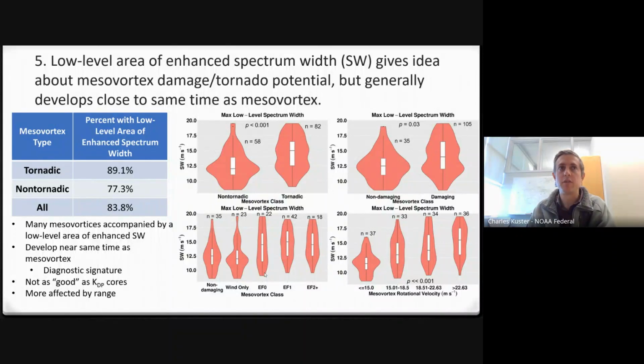And spectrum width was impacted a little bit more by range from the radar than the KDP cores were. It looks like maybe within 70 kilometers, which I think is in the 50 nautical mile range or so, maybe a little bit less than that, is where these signatures are most useful.